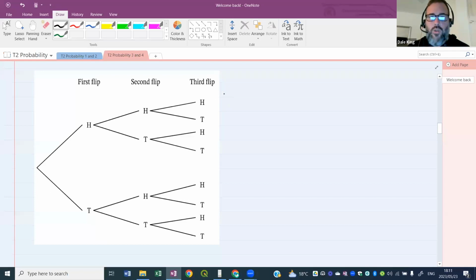For the first branch, we got heads, then heads, then heads again. So that branch I've written out there, HHH, heads, heads, heads. You should do the same for all the other branches, all the possible results.